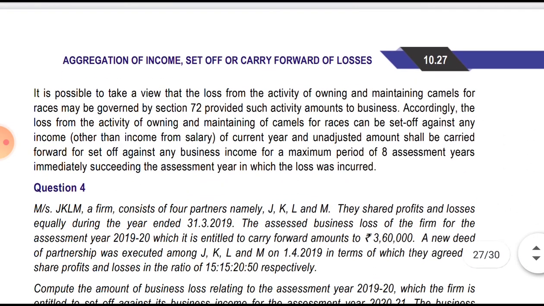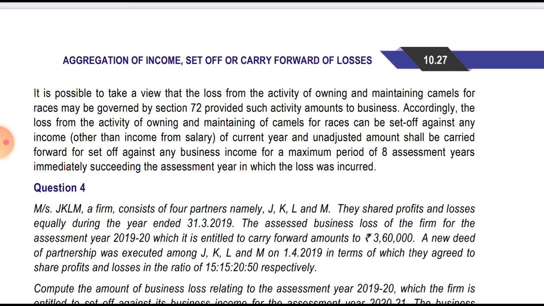It is possible to take a view that the loss of the activity of the owning and maintaining of the camel for the race may be governed by section 72, provided that such an activity amounts to business, that is business income. If that amounts to business, it can be treated as business income, business loss. Accordingly, the loss from the activity of the owning and maintaining of the camel for the race can be set off against any income other than salary if it is considered as a business.